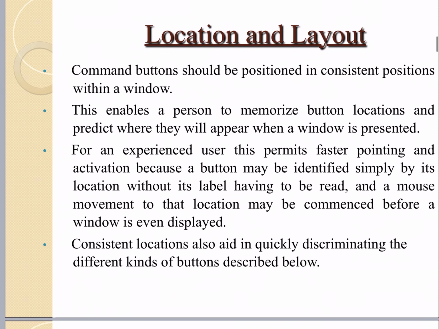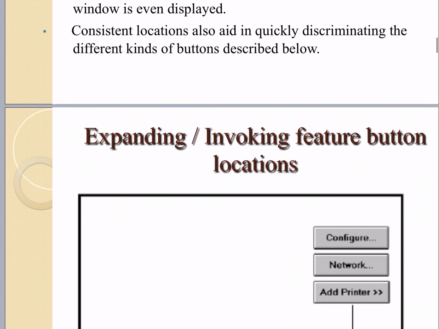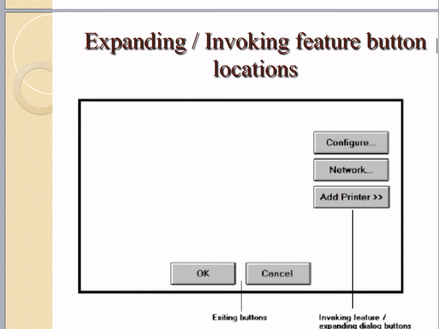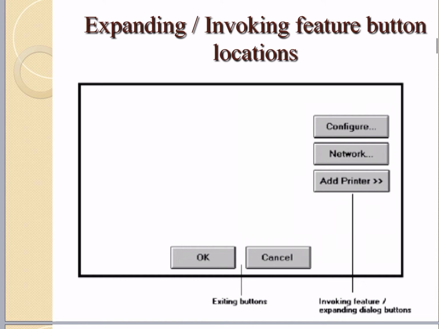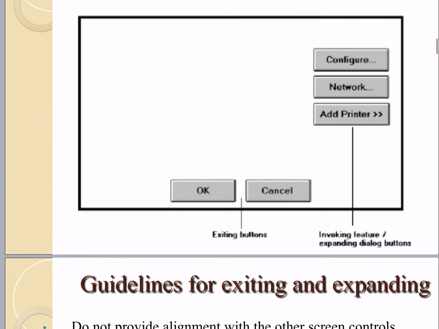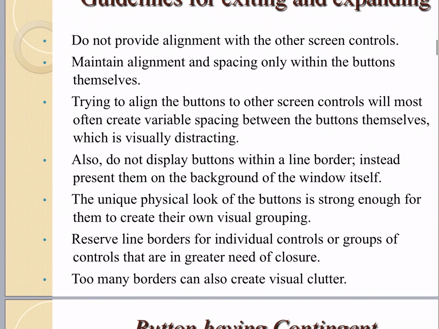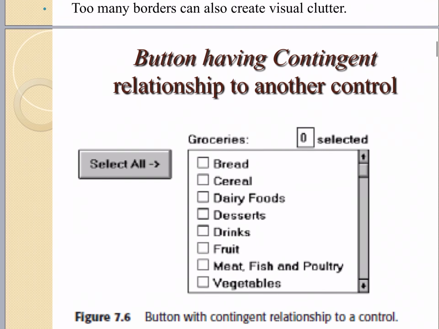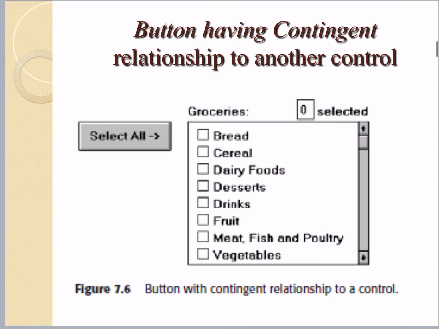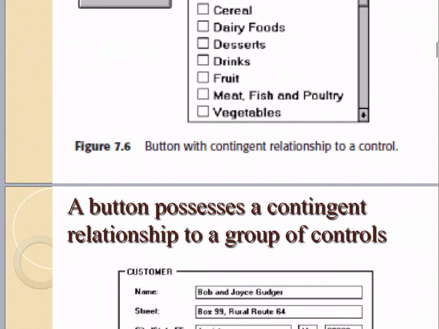So this is all about the command buttons. And this is one of the examples for expanding and invoking the features of a button location, and a few of the guidelines have been mentioned here. And this is how the buttons have a relationship with another control button.